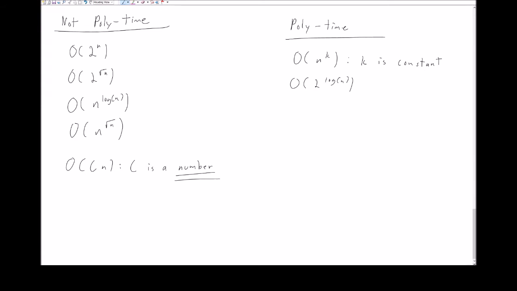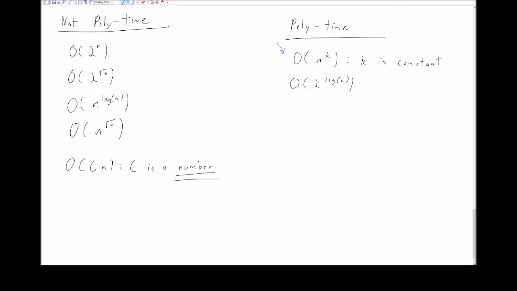A key component of this hardness is the running time of our algorithm. Specifically, we are prevented from writing any polynomial time algorithm for a hard problem. Remember, polynomial time is defined in terms of big O notation, and it's big O of n to the k. Here, n is the problem size, and k is some constant.